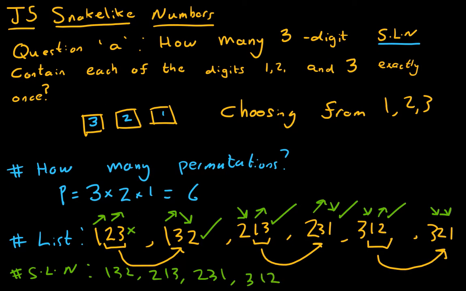So let's look at the original question: how many 3-digit snake-like numbers contain each of the digits 1, 2, and 3? Well, the answer is 4. This is our answer. Okay, now let's go back to the original question.